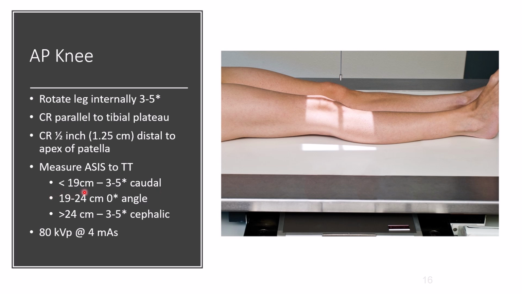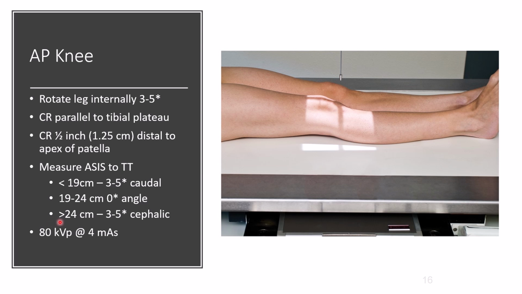So if they have really thin thighs and a small butt, like a tiny hiney, then you're ideally 3 to 5 caudal. If they're average and they measure between like 19 and 24 centimeters from the ASIS to the tabletop, there is no angle on the tube.